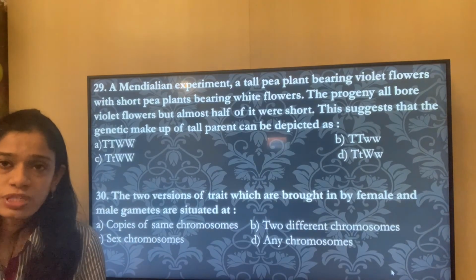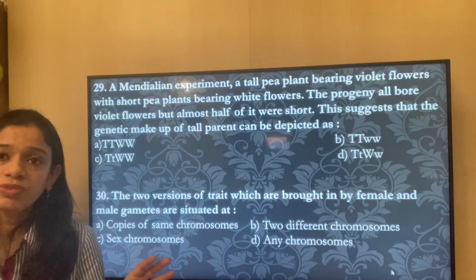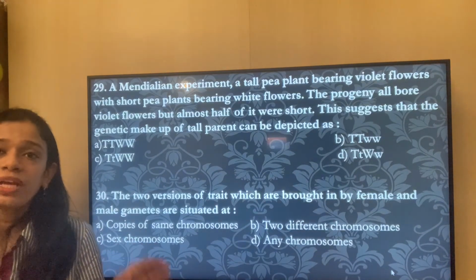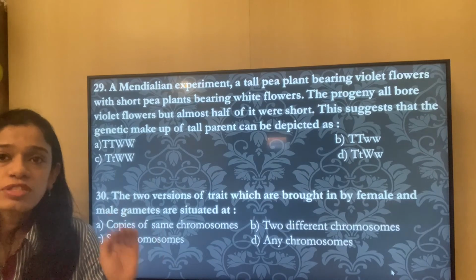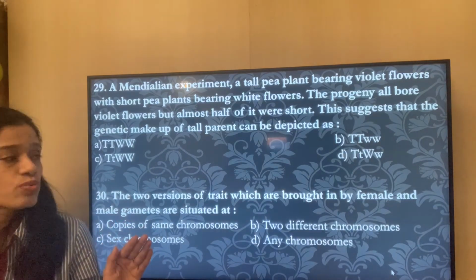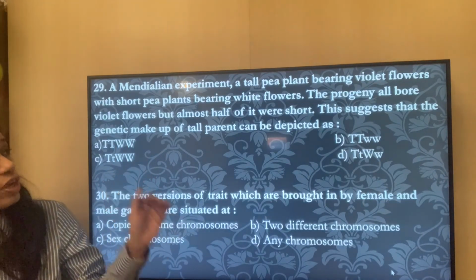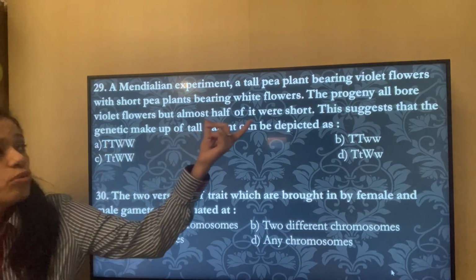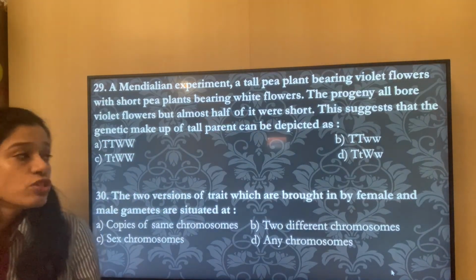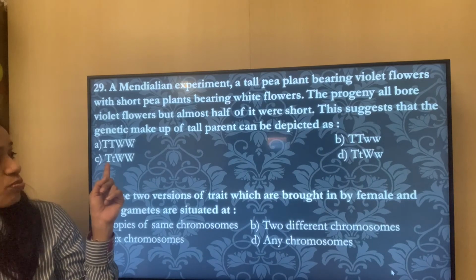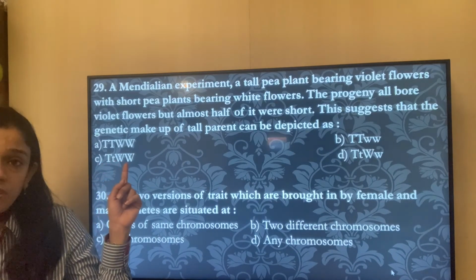It was in a heterozygous condition. So it should be capital T, small t, because that's why in the next generation we are getting almost half of it short. So it should be capital T, small t, capital W, capital W.